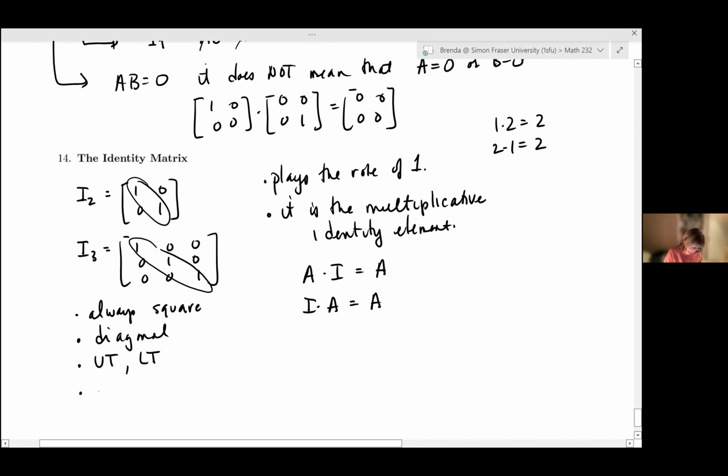And notice that both the column vectors of I and the row vectors of I are the standard basis vectors.